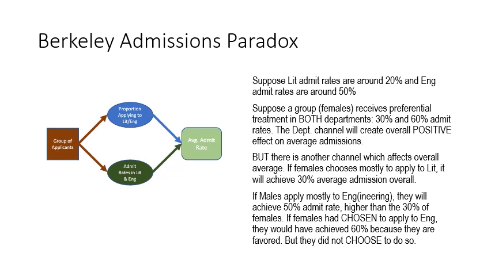But there is another mediator, and that is the proportion which applies to literature versus engineering. If literature has a tough admissions policy and engineering has an easy admissions policy, and the females apply in huge numbers to literature and not to engineering, then this negative factor will overwhelm the positive bias in admissions. So basically, if two channels work in opposite directions, then either one can overwhelm the other.